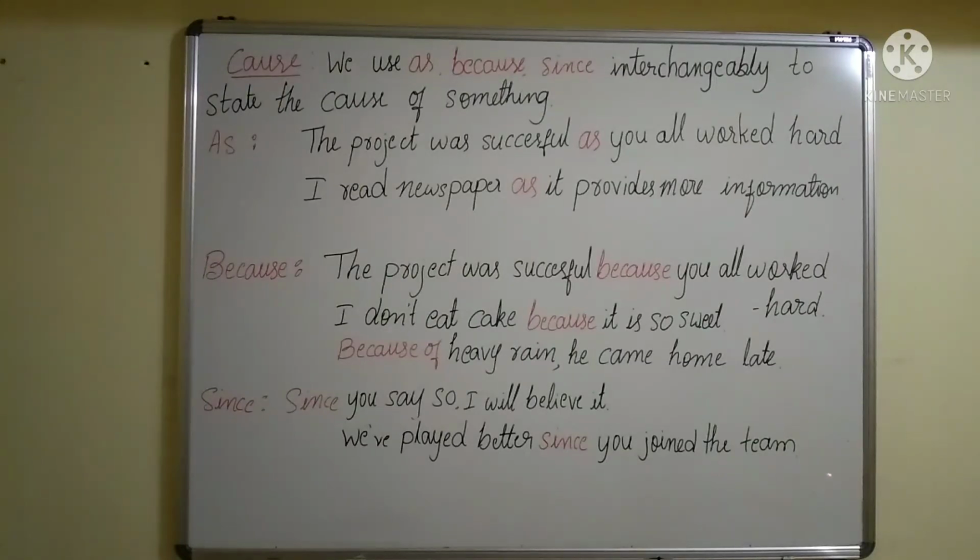Since you joined the team is the cause. We've is the contracted form of we have. We have played better is the effect. So in this way we can use as, because and since interchangeably to state the cause of something.